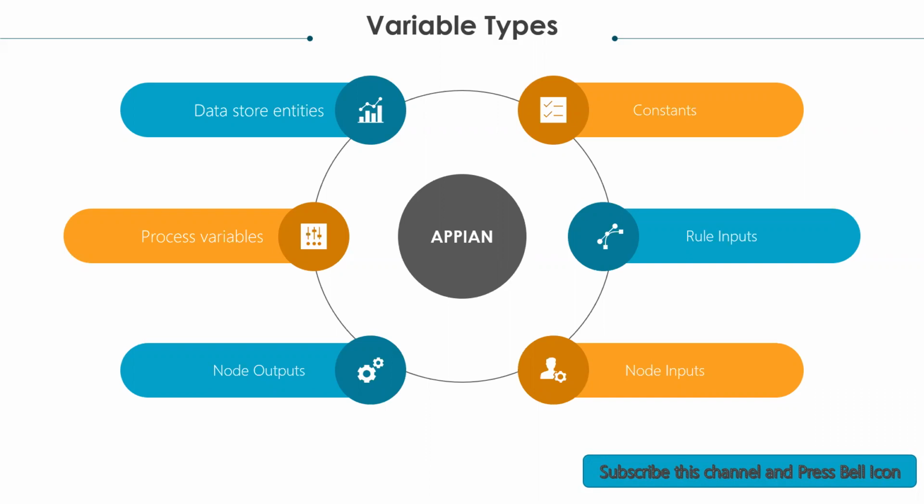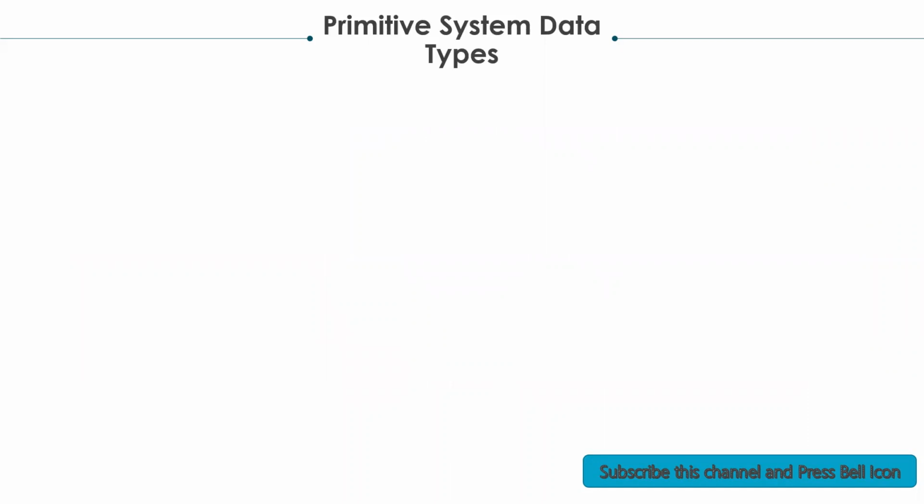Before knowing about various system data types, we need to know what these actually are. A system data type is a required format of data stored in APN and includes primitive types and complex types.